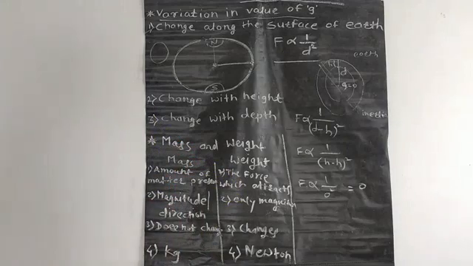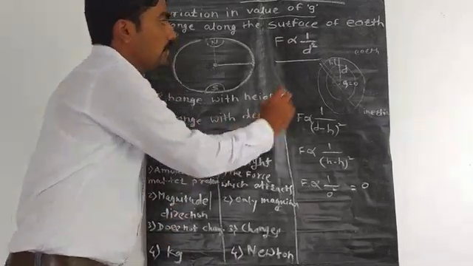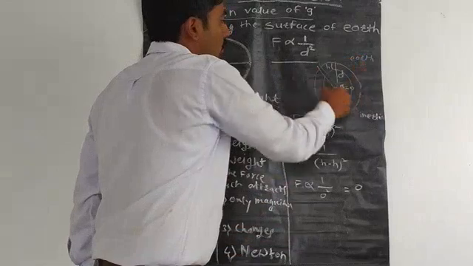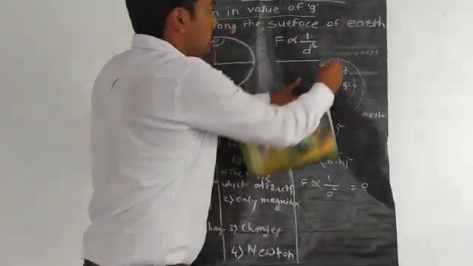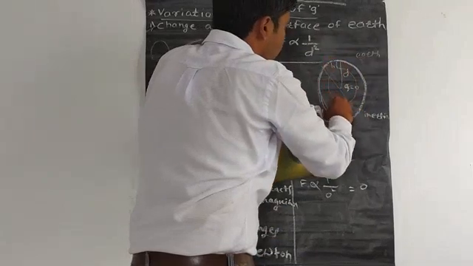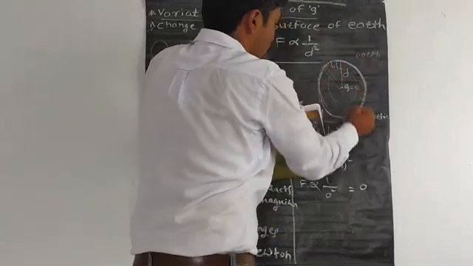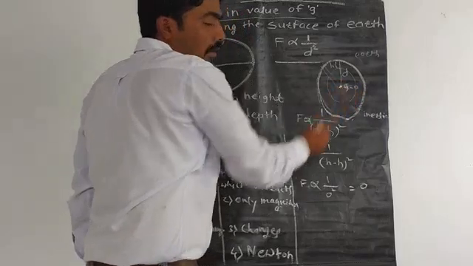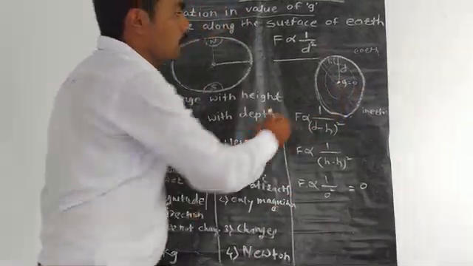Now come to the next point, that is the change with depth. For example, I have drawn here somewhere Earth picture, a big picture. इथून इथपर्यंत I have drawn. This is the center of the Earth. आता तुम्हाला explain करत असताना मी तुम्हाला सांगतो.